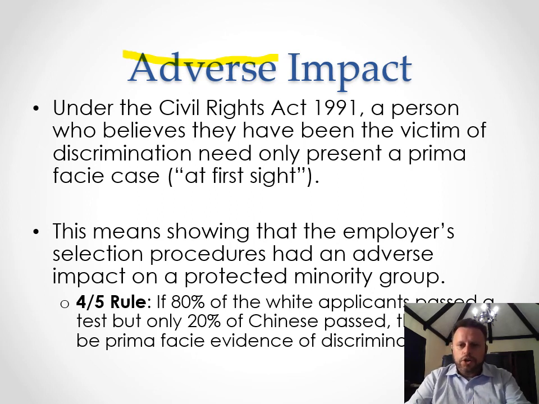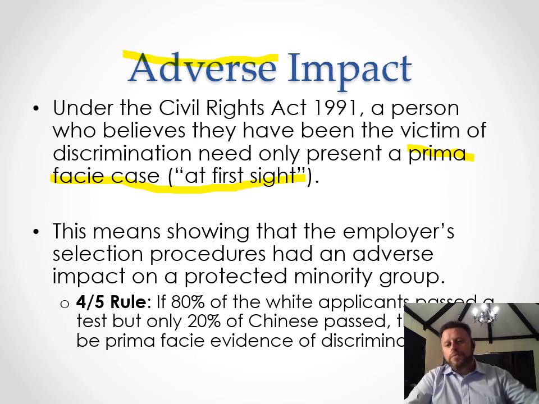And if you've been the victim of some sort of impactful practice, something that impacted you, you only have to present a prima facie case, again, a legal idea. A prima facie case is a case at first sight where I might say, I have here a list of 25 Jewish people who've applied for this job, and none of them have been hired, but they've already hired 5 new teachers.